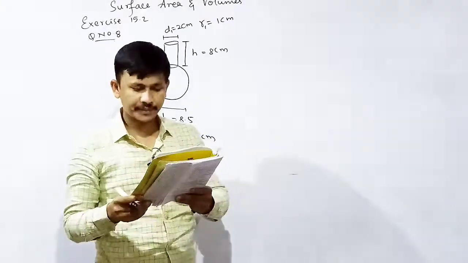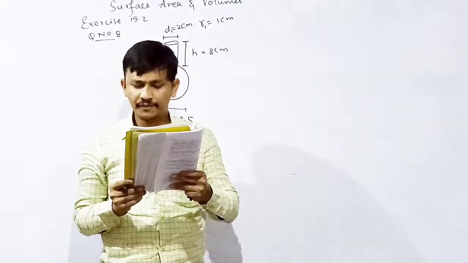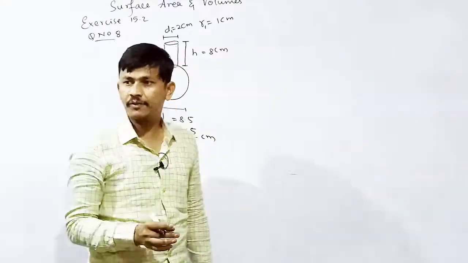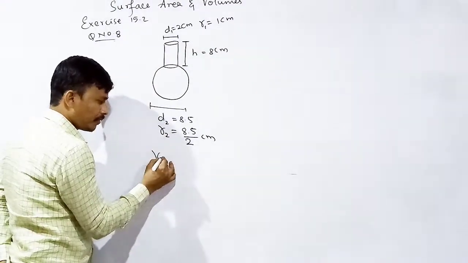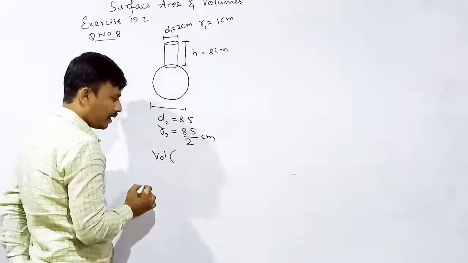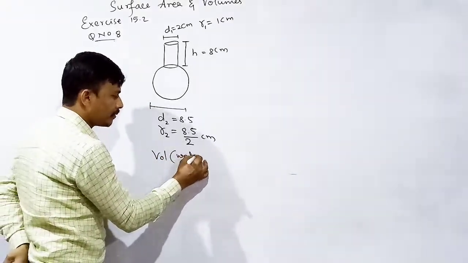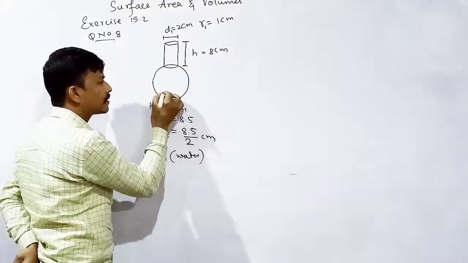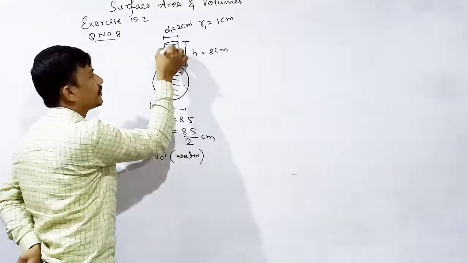Next, by measuring the amount of water it holds, a child finds its volume to be 345 centimeter cube. There is a child who has investigated the volume of water present in the spherical vessel.